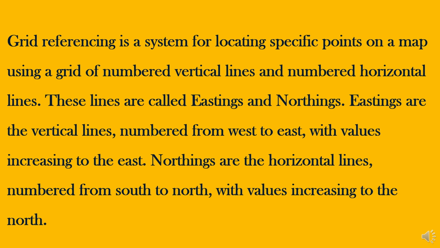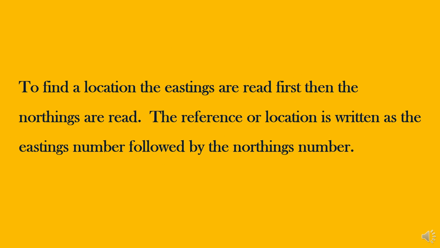Northings are horizontal lines numbered from south to north with values increasing to the north. To find a location, the eastings are read first, then the northings. The reference or location is written as the easting number followed by the northings number.